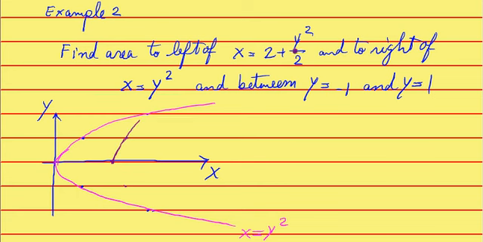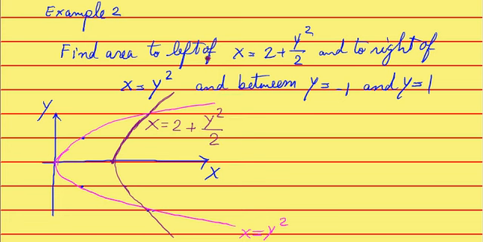When y is equal to 2, this makes 4. So this is a picture of x is equal to 2 plus y squared over 2.